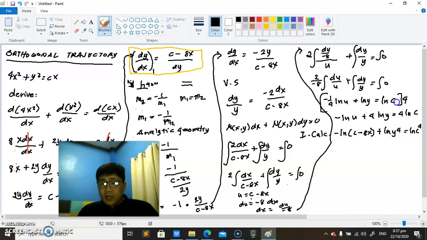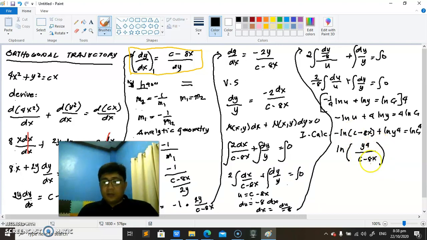This c now is c sub 1. Let's make this one different from the c of this, so it will not be confusing. This is the constant which is different. Because this is a negative and this is a positive, we could make it ln, where the positive will be on the numerator and the negative will be on the denominator.